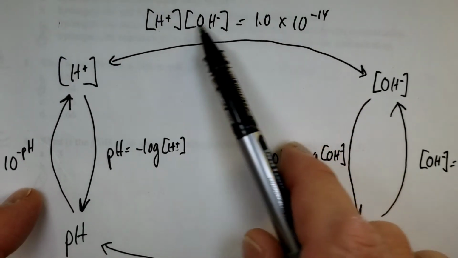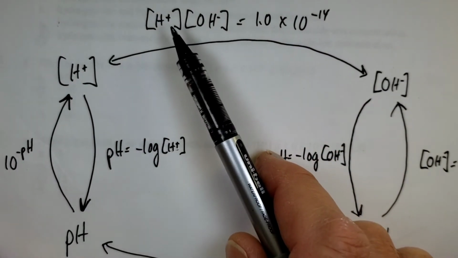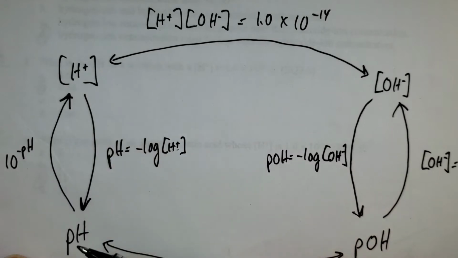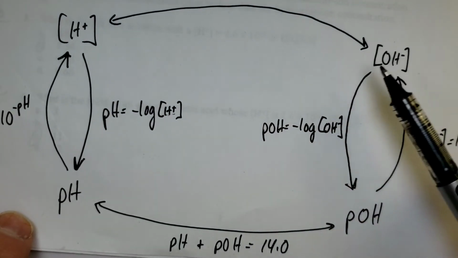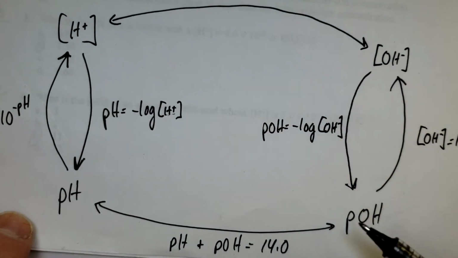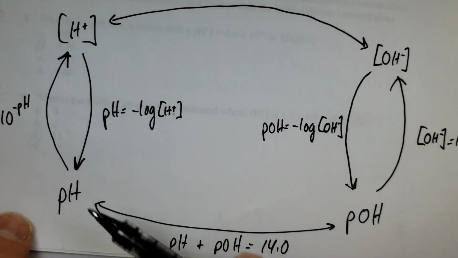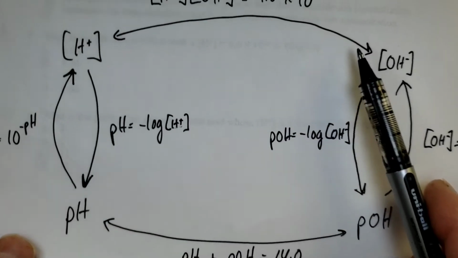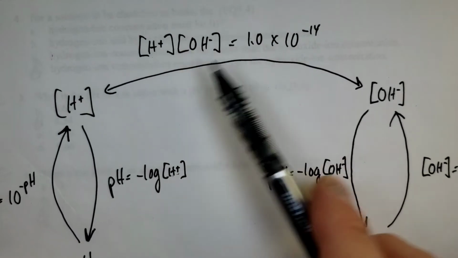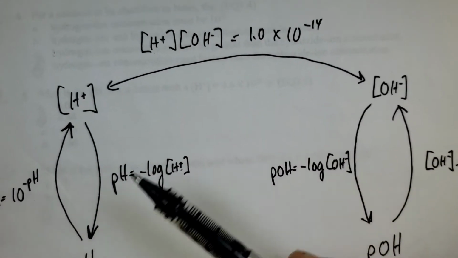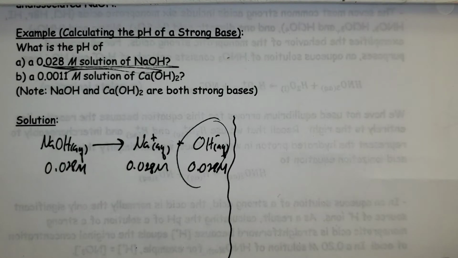We can use the ion product equation and then figure out the pH, or we could figure out the pOH first and then use this relationship to figure out the pH. But this one I think we'll go this way. So we'll use the ion product and then the pH. And then part B, we'll maybe go the opposite way just to show that it works.